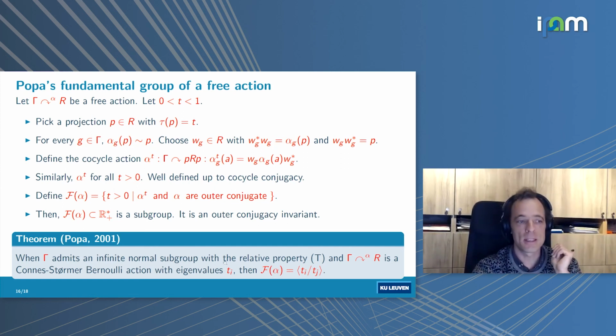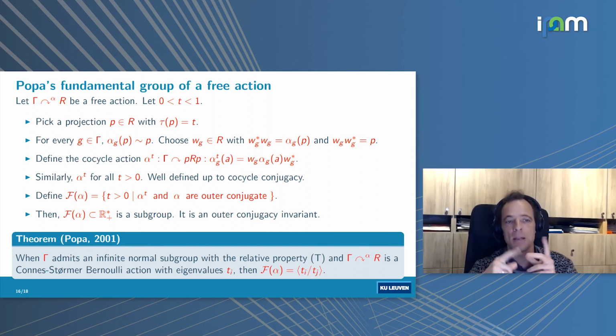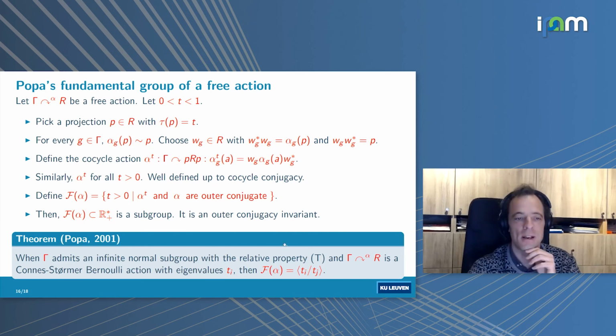And in that case, at least if the group is sufficiently rigid, for instance, a property T group, this fundamental group will be the subgroup of R plus generated by the ratios between these eigenvalues. And it's not a coincidence that this is the same as what pops up in, say, these invariants of type III factors that you would have in this context, but let's not go into that.